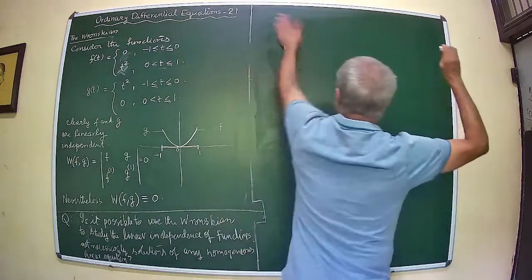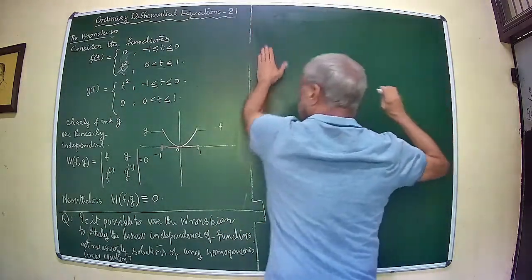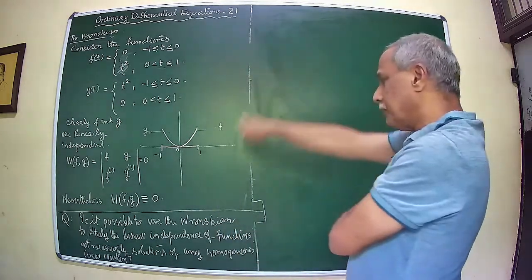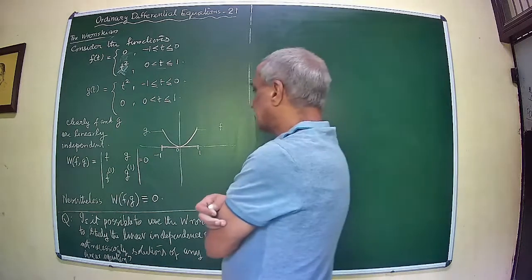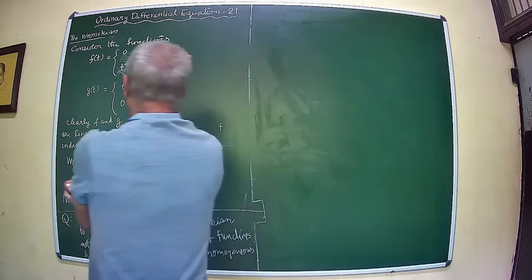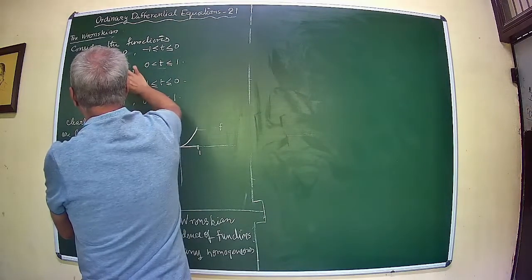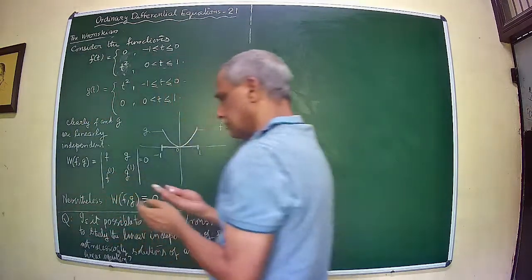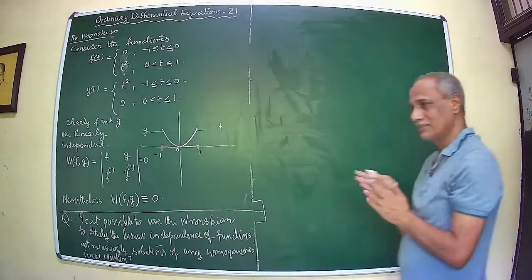So what do we infer from this example? That even if the functions are not linearly dependent, the Wronskian may vanish.